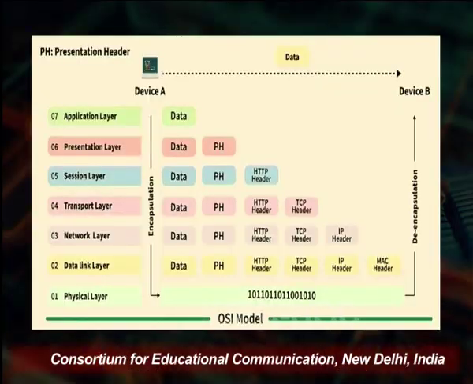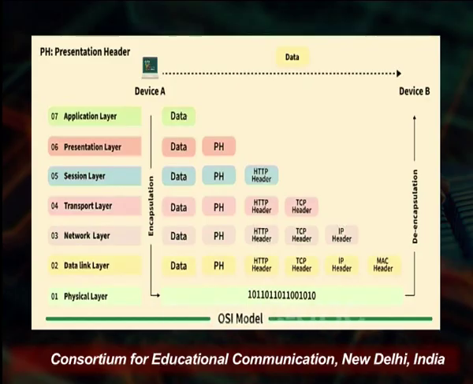Now, in order to summarize this whole model, let us look at these two figures on the screen. We have a transmission going from device A to device B. The application layer at device A has taken some data from the application.